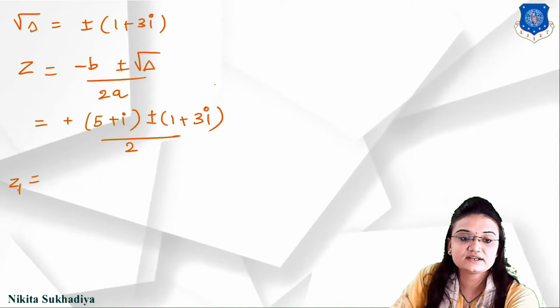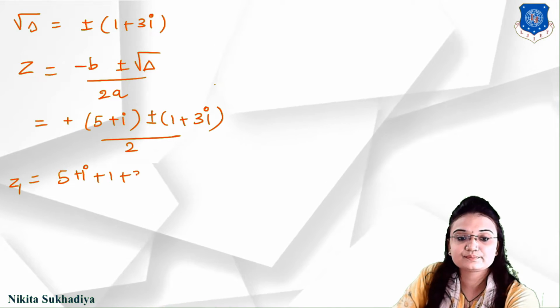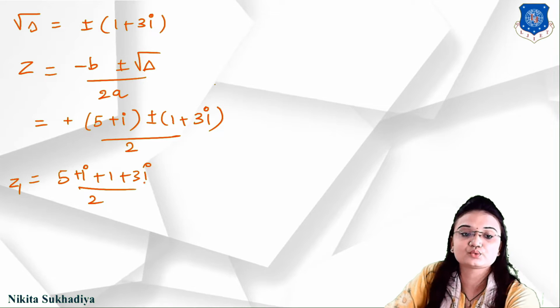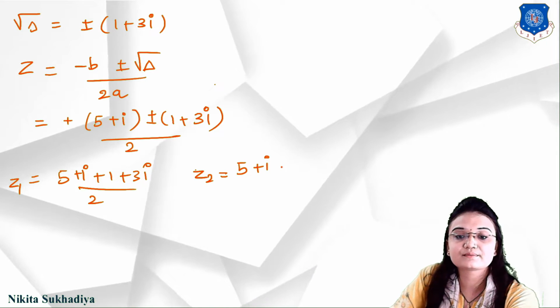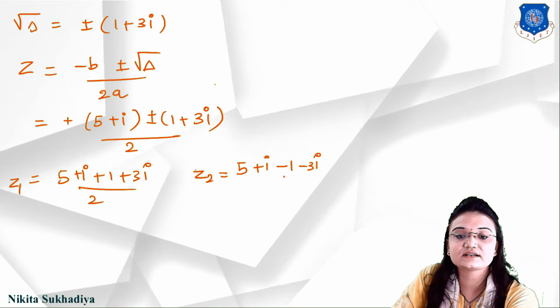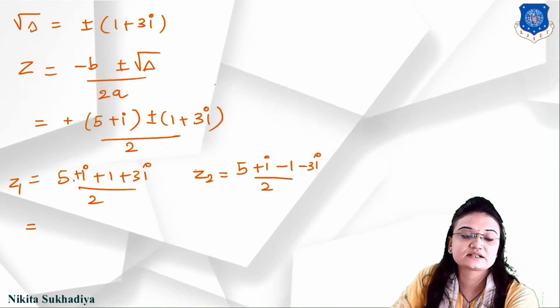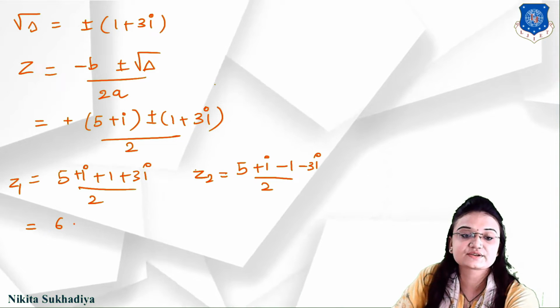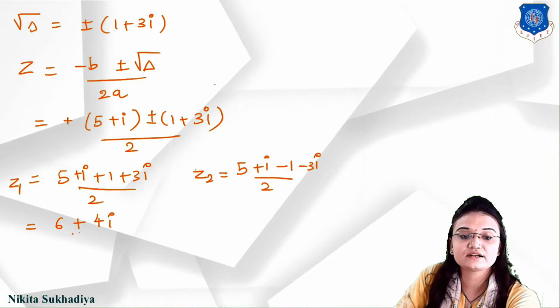So z1 is equal to (5 plus i plus 1 plus 3i) by 2 and z2 is equal to (5 plus i minus 1 minus 3i) by 2. Adding the real parts, 5 plus 1 is 6, and i plus 3i is 4i, divided by 2.